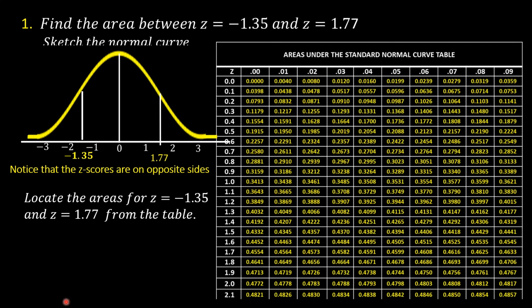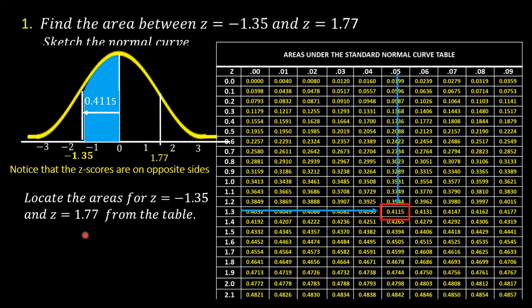The intersection of the row containing 1.3 and the column containing 0.05 is the 0.4115. This is the area from z is equal to 0 up to z is equal to negative 1.35. Let us shade the area.